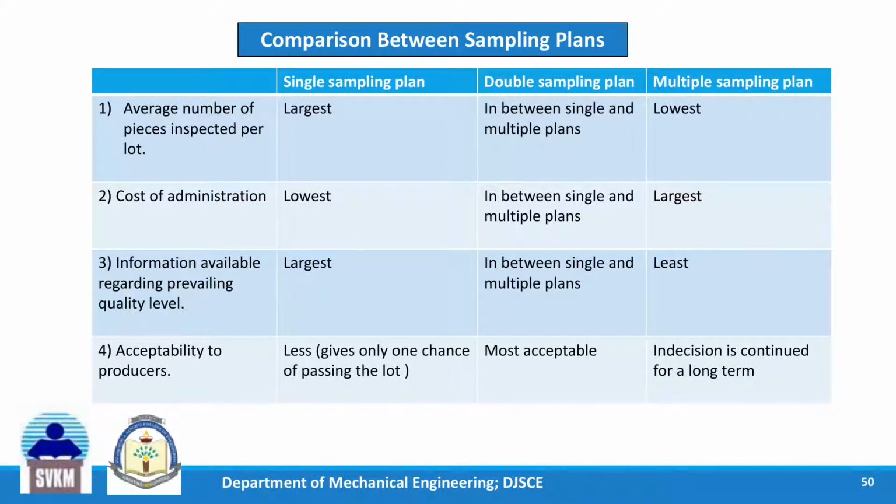The decision is not taken early, and that's the reason why this is also not so favorable for the producers. The middle one is the favorable one. Why? Because it gives one more chance for acceptance of the lot, and execution-wise it is rapidly executed.